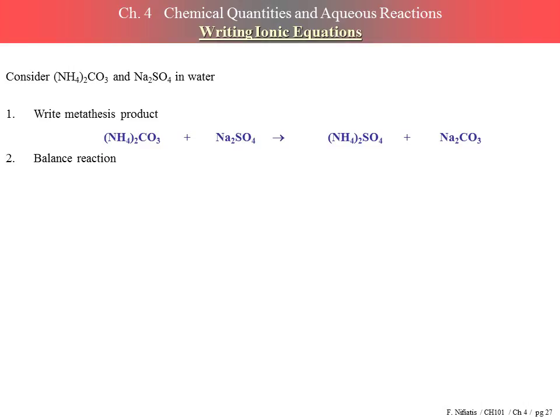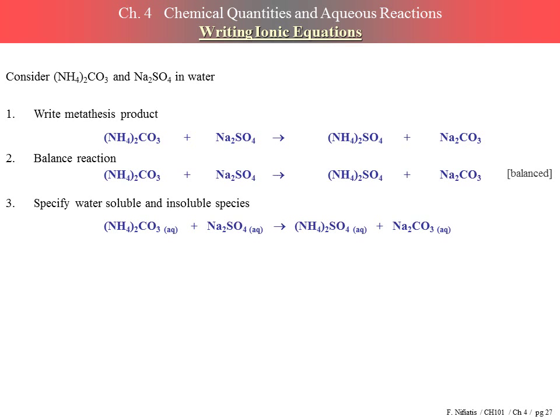Balance the reaction. The reaction is balanced. We have 2 ammoniums here, 2 ammoniums here. We have 1 carbonate, 1 carbonate, 1 sodium, 1 sodium, 1 sulfate, and 1 sulfate. Specify what's water soluble and what's not water soluble.